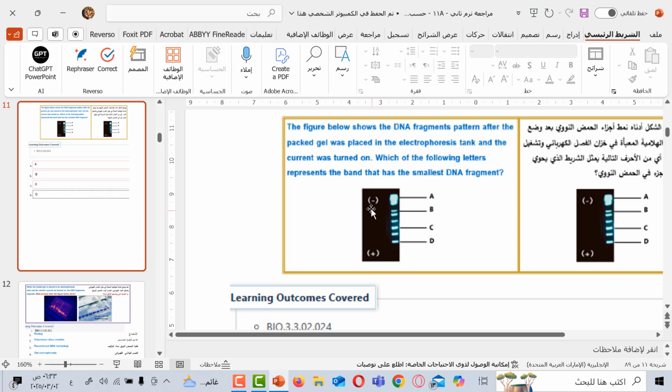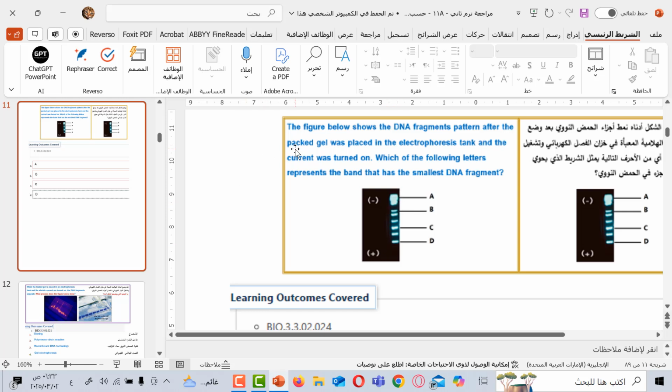As I said before, the big fragment will be here, and they are arranged by size as we go toward the plus: the biggest, then less big, less big, less big, until we find the last one, which is the smallest. So the smallest is here, the biggest here.